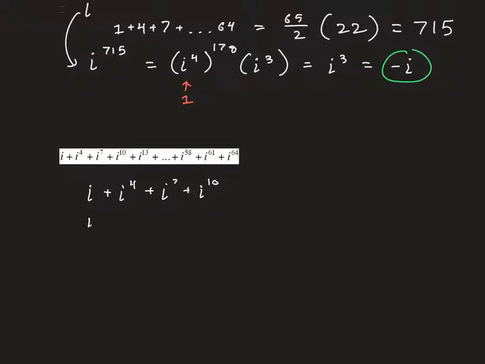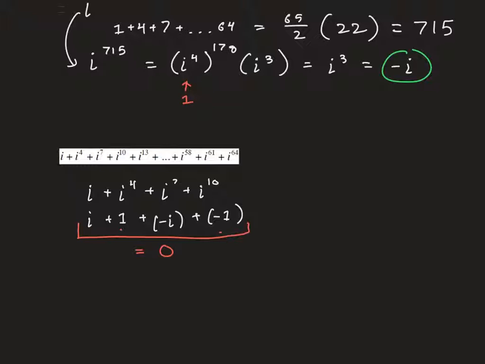The first one is just I, and then you get 1 and negative I, and negative 1. So the sum of these first four terms turns out to be 0 because the I and the negative I cancel out, and the 1 and the negative 1 cancel out.